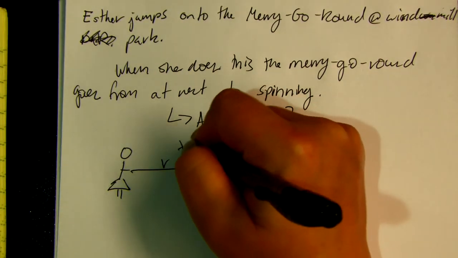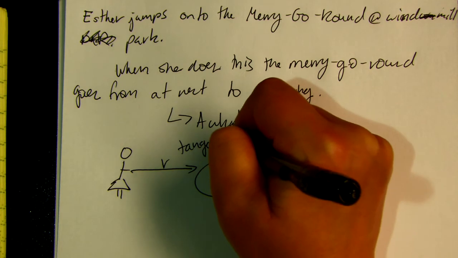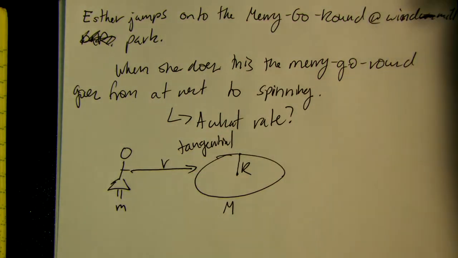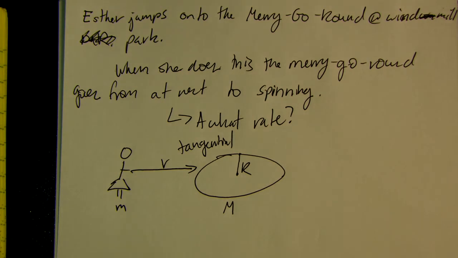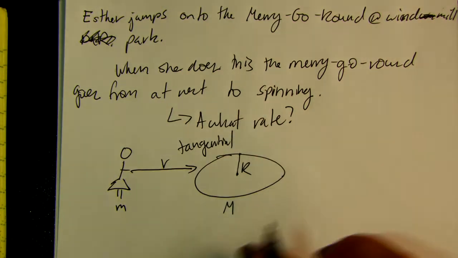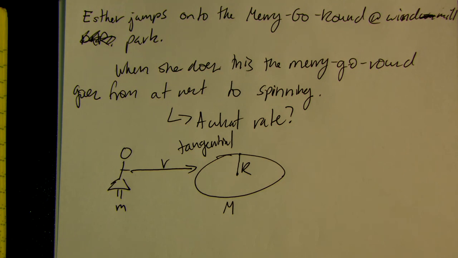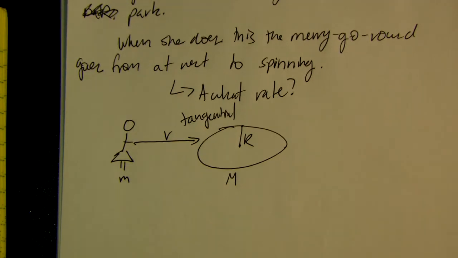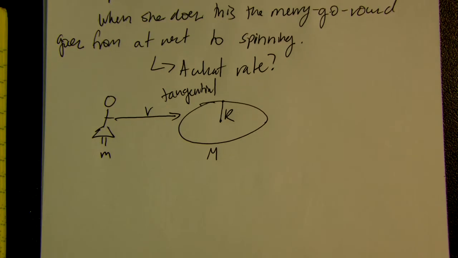She's got tangential velocity, and her mass is little m. So she runs at it in a straight line, jumps, and then, of course, the merry-go-round will start to spin. If you don't believe me, you can, after they open up parks in your area, feel free to take a running jump carefully so that you do not get hurt onto a merry-go-round, and you will see this happen. Or perhaps you have memories of childhood of doing just this.